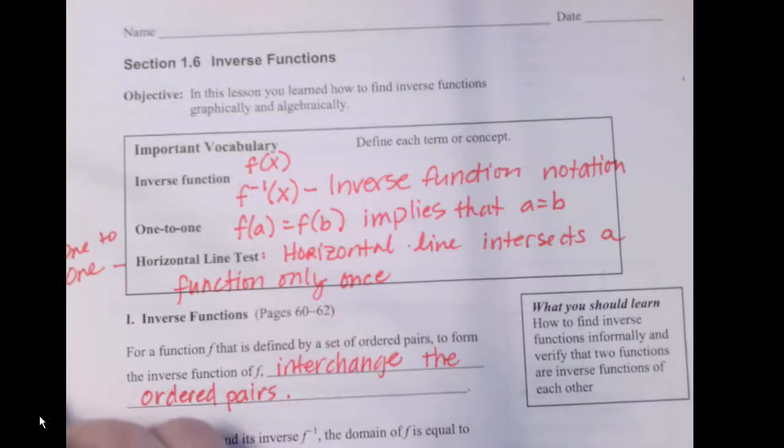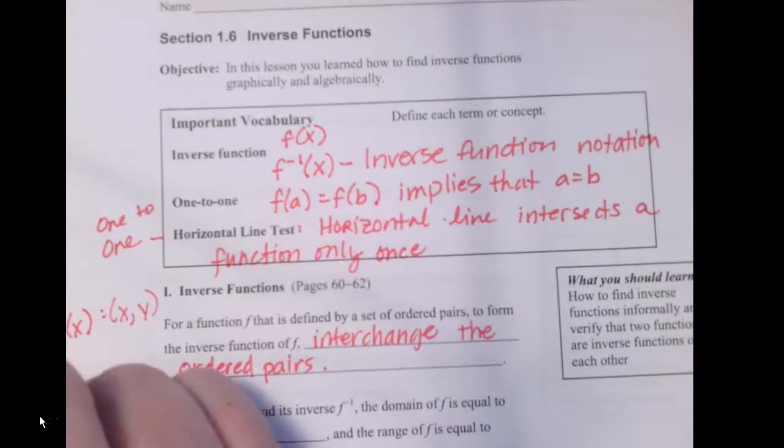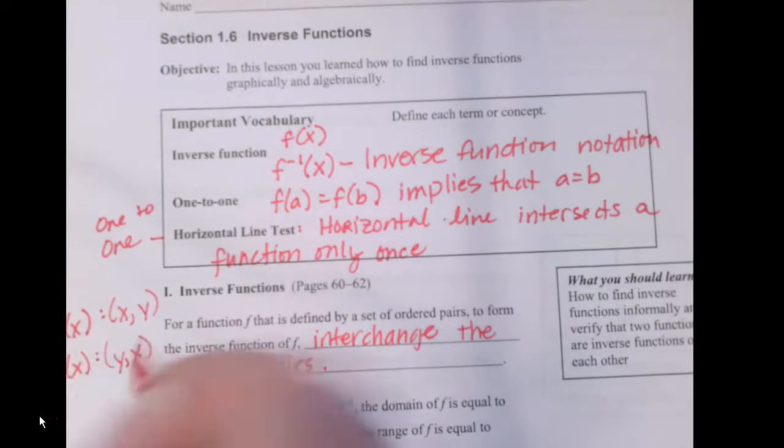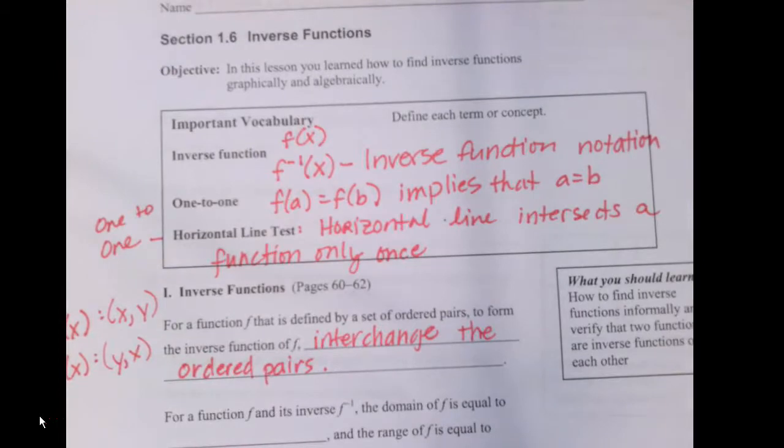So if you have a bunch of ordered pairs that are x comma y, then your inverse function's ordered pairs would simply be y comma x. No big deal.